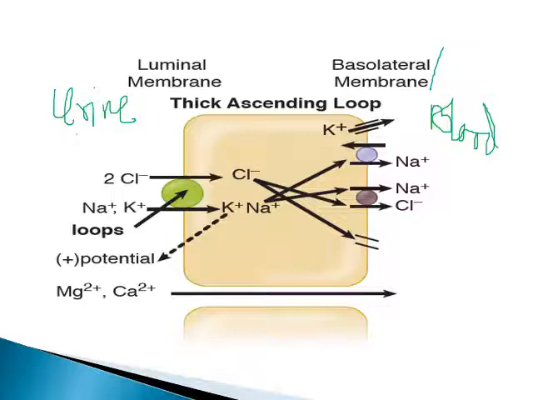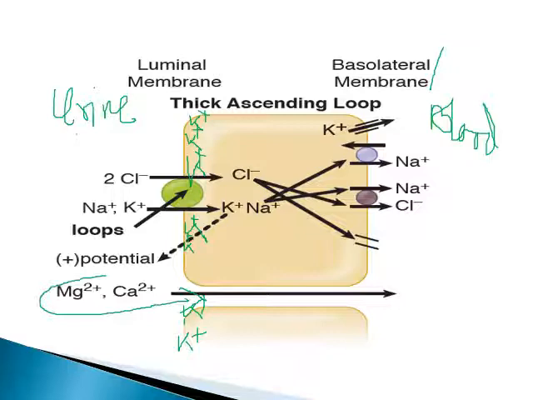So in this membrane, potassium will form a positive potential due to this leaking out of potassium ions. What it will do is help in the creation of a force that will drive the absorption of two ions, that is calcium and magnesium.